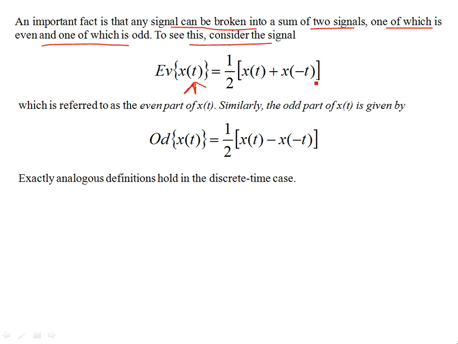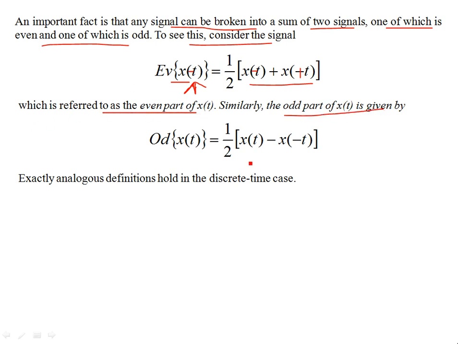If you replace t by minus t, nothing is going to change. This expression remains the same, so the even part of the signal x of t is indeed even.